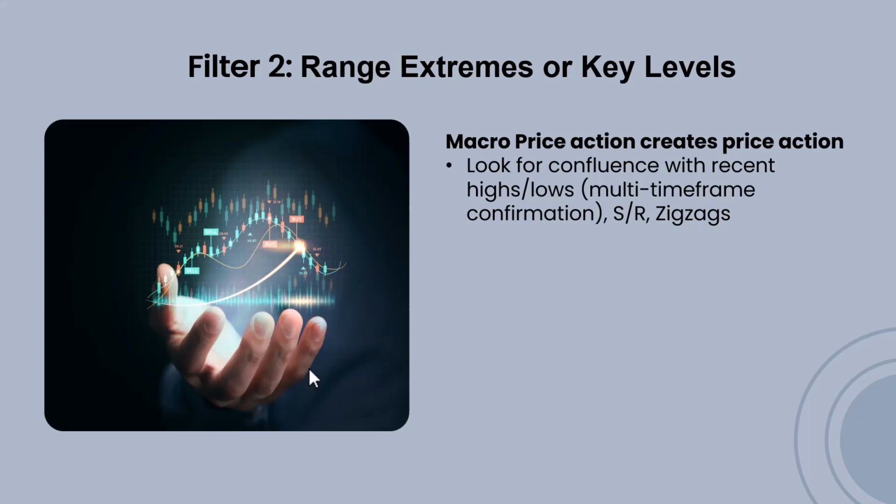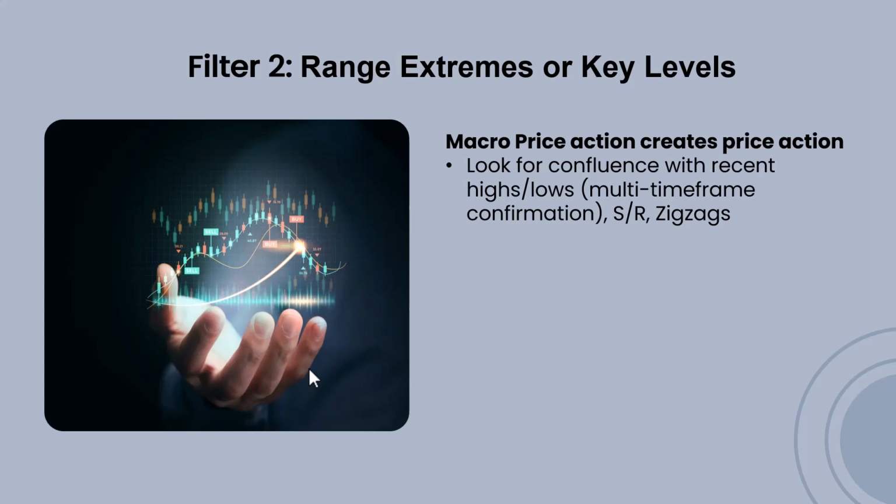So we look for confluence with recent highs or lows, perhaps multi-time frame confirmation, looking at a longer time frame than we're actually trading on our primary. So for example, if trading a half-hour chart, we might look at a 4-hour chart or even a daily chart to say, hey, look, we've got that same potential reversal point on longer time frames as well. That obviously adds weight to the potential for it to move.